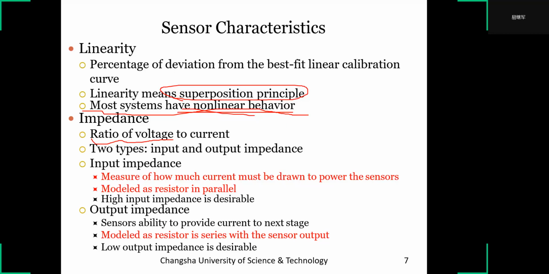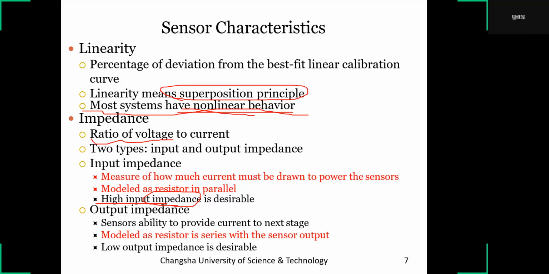High input impedance is desirable. If the impedance is high, it means the circuit is effectively cut, so the device cannot affect the circuit.